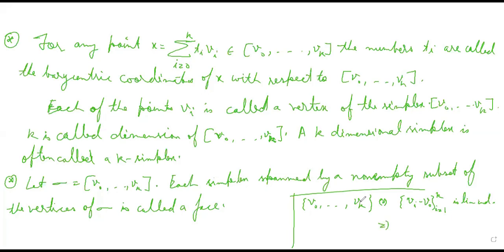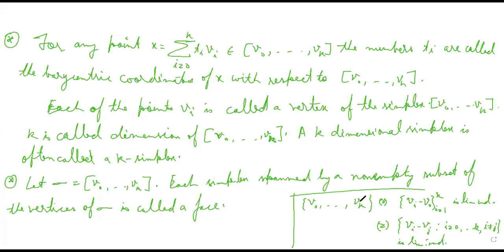This is equivalent to the set Vi minus Vj, i and j from 0 to k, i not equal to j, being linearly independent.